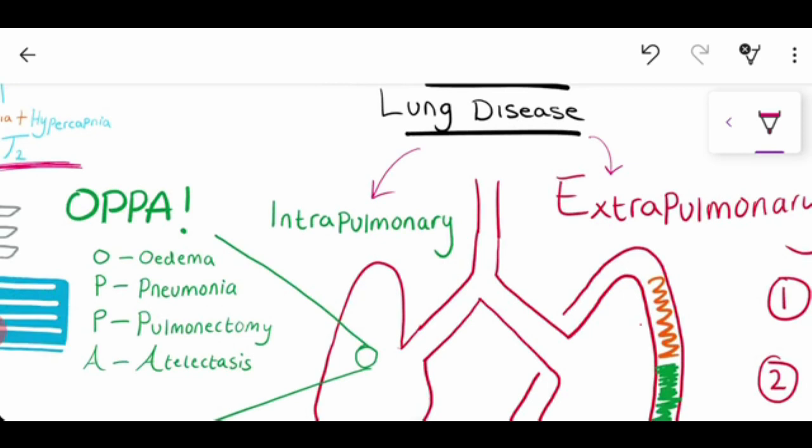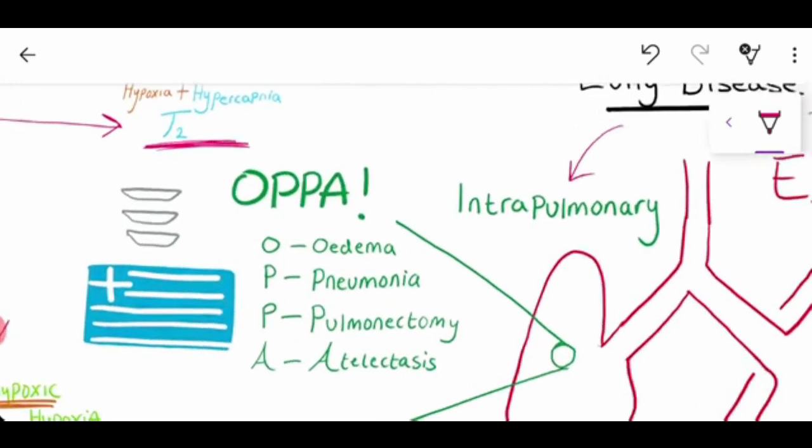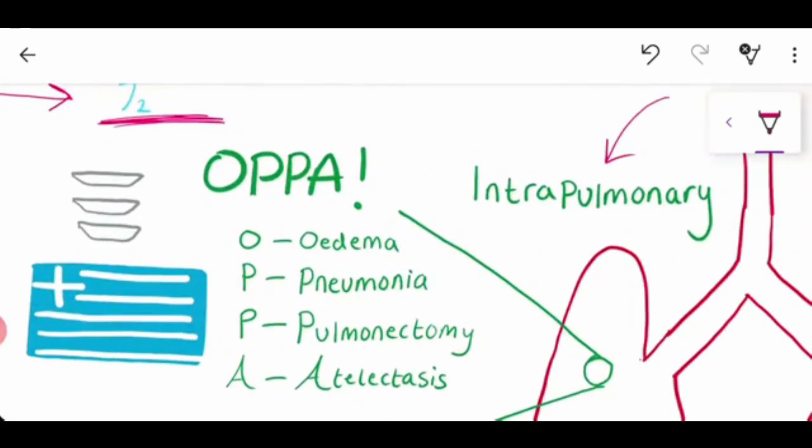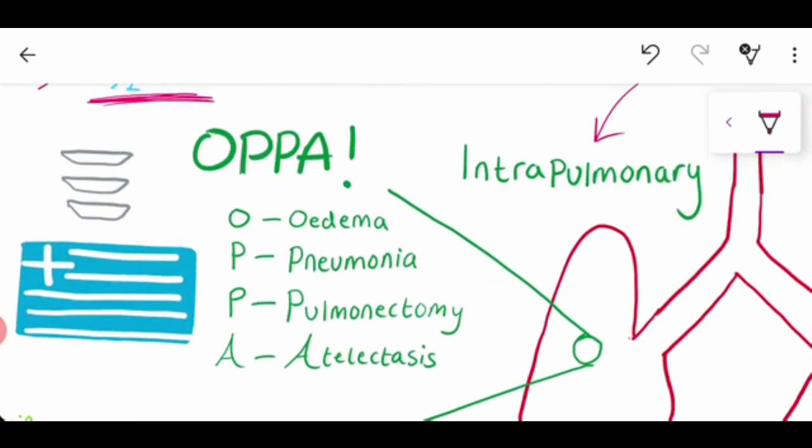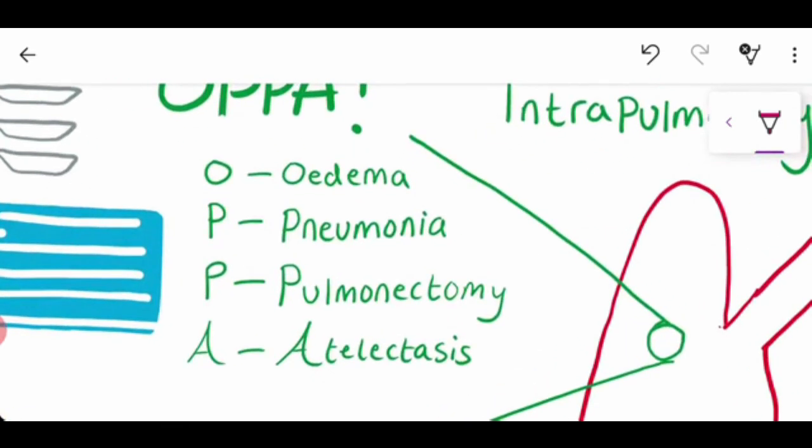Now, with intrapulmonary factors, think like a Greek guy. You're smashing plates, oppa, you're going to smash some plates. Oppa, O-P-P-A. O for edema, P for pneumonia, P for pulmonectomy, A for atelectasis.